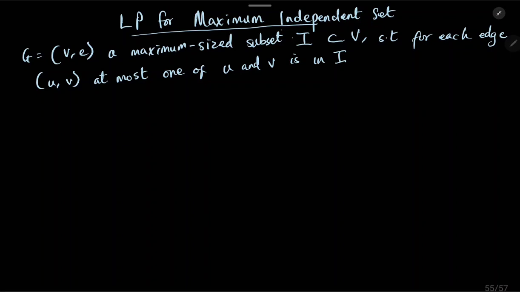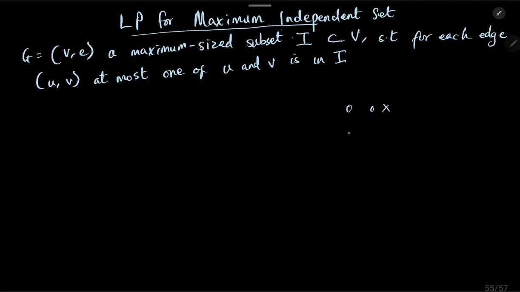Now, for the vertex cover, we wanted to select a minimum size subset of vertices that covers all edges. And like I said, that was a case of at least, just in case you missed that video, a recap. If we wanted a minimum size set of vertices that covers all edges, that means for, let's say you have edge UV, we don't want a case where nothing covers, right?